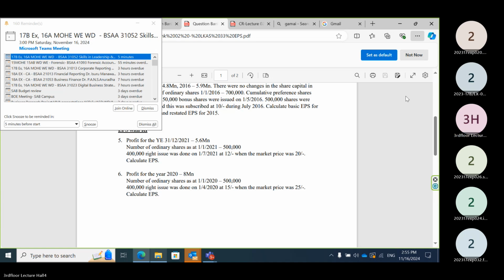Right. For 2022, EPS was given as 15. 15 was given. 15 equals 3 million divided by x plus... The number of shares was not given.